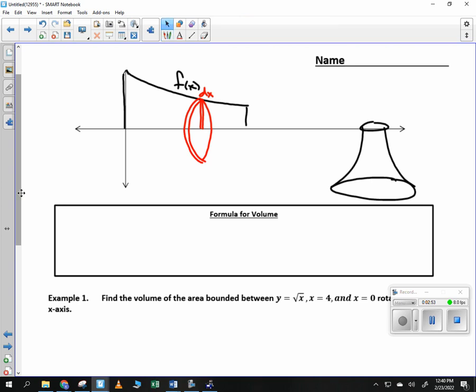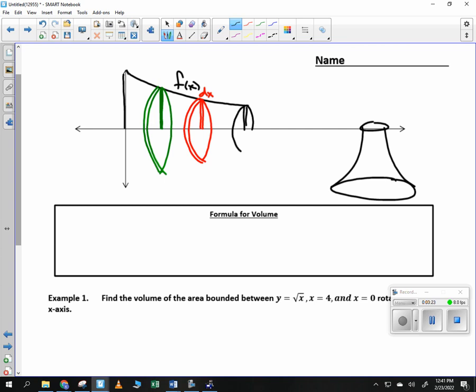I'll do it again. You can draw the rectangle in multiple regions. I'll draw one here. Again, dx. If I were to spin that around, I'll do the front and the back and see if that helps at all.